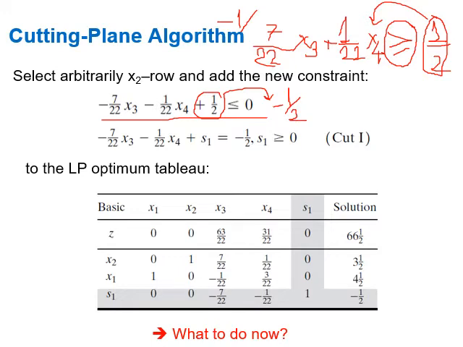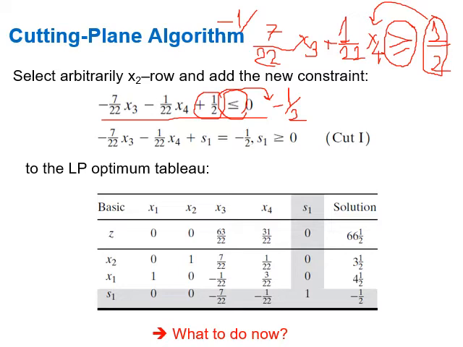But remember, in the simplex tableau we always have equations. What do we do with this cut? We will add it to our simplex tableau. How do we do it? As I said, we move all the constant terms to the right hand side of the constraint, but in the simplex tableau the sign must always be equality, and in this cut we have less than or equal to.